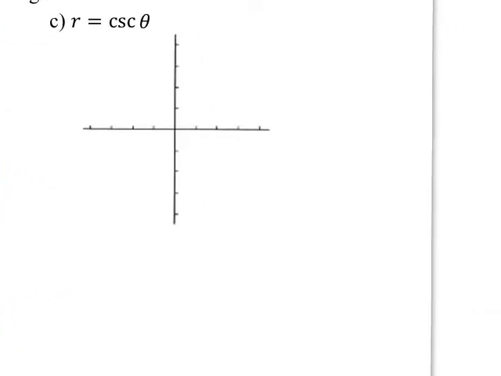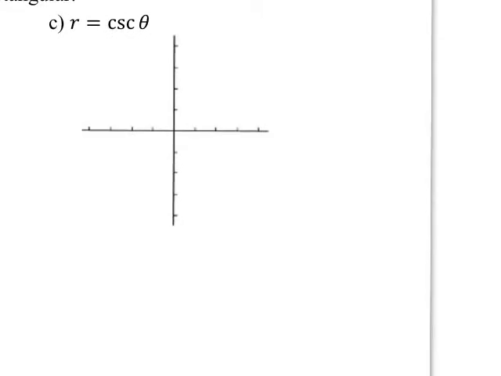Finally, r equals cosecant of theta, and I have no idea how to graph this one, or I do, but I think the easiest thing is to try to convert it first and see if we can graph this more easily in rectangular coordinates. So what we have here is r equals cosecant of theta.